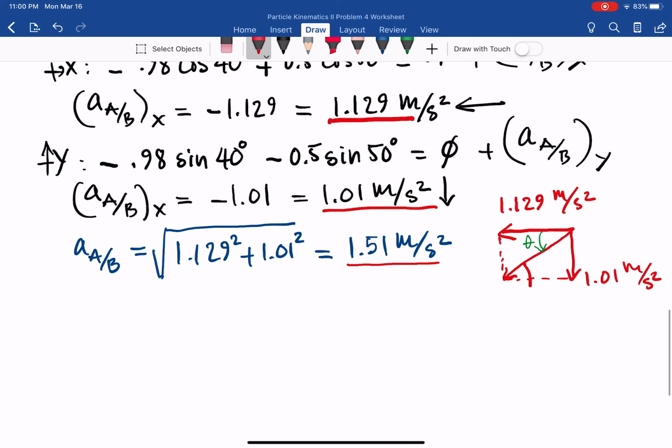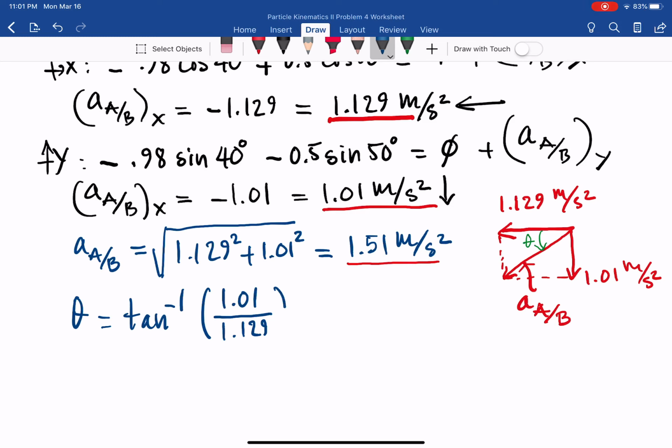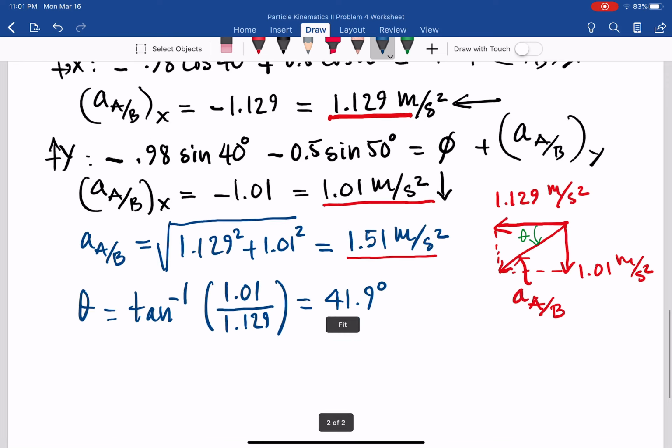And this is A_A relative to B, which is 1.51 meter per second squared. So let's find theta: inverse tangent of the opposite, 1.01, divided by the adjacent, 1.129. Inverting that, we get 41.9 degrees. So what does that mean?